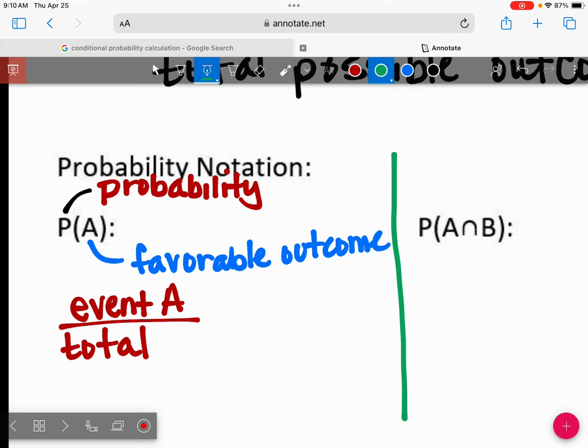So now we got some notations to add in. This symbol right here looks like an upside down N, but that means and. So if I wanted to know the probability that a student in this class was a boy and 17, that means I'm looking for two conditions now.